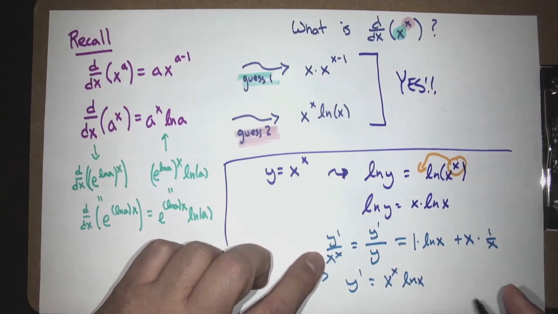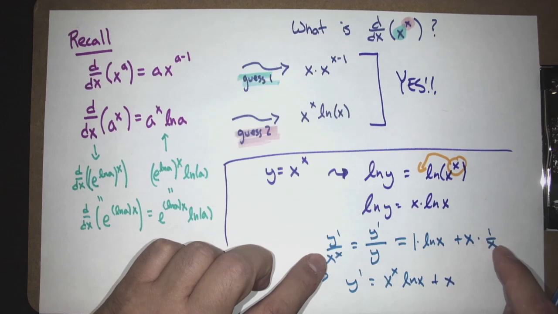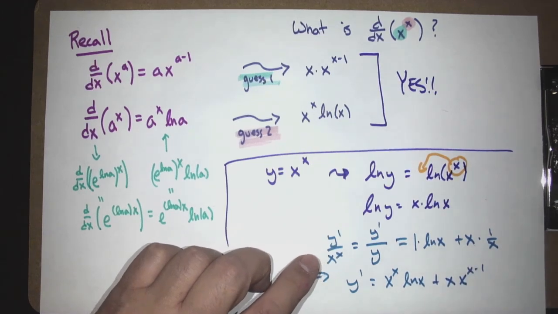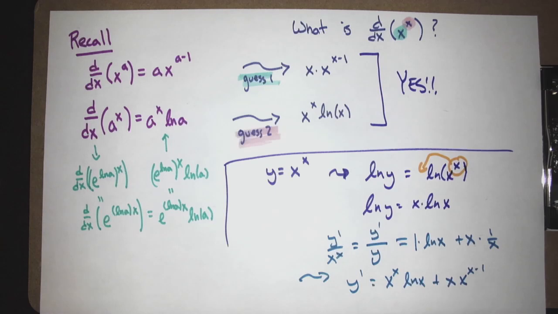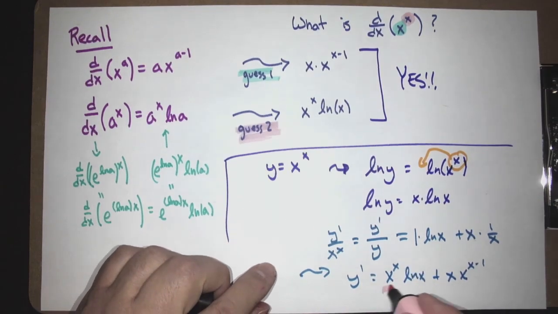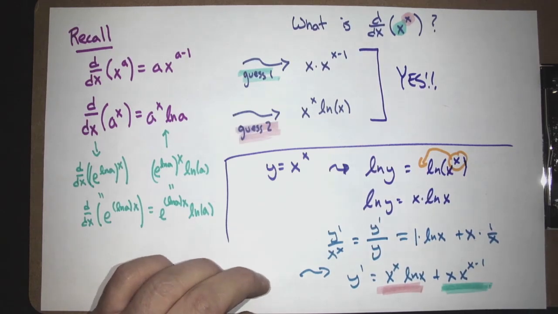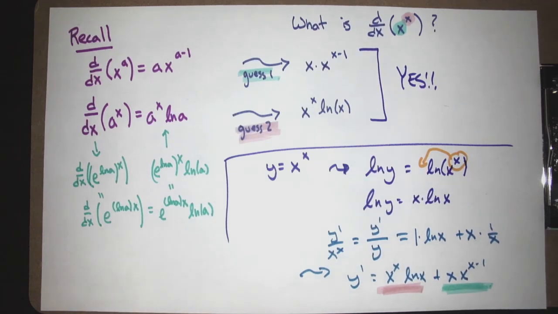That's the first term. Plus x, and then here it'll be x to the x divided by x. That's x to the x minus 1. So you'll see here is our guess 2, and here is our guess 1. So that's why our answer is yes. In fact, you needed both parts.